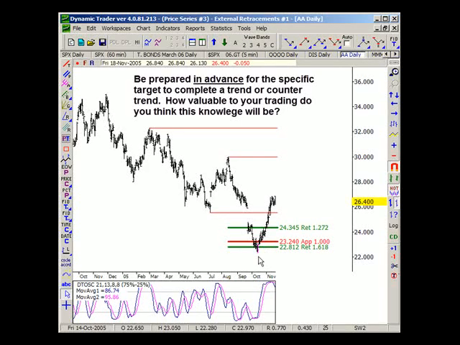And boy, what valuable information this is, because like everything in dynamic trading strategies, we're prepared in advance and we identify the price area in advance, the high probability price area for support, resistance, and trend reversal, and we integrate the other tools, whether it's momentum and pattern and timing, to build a whole picture of high probability support, resistance, or trend reversal.